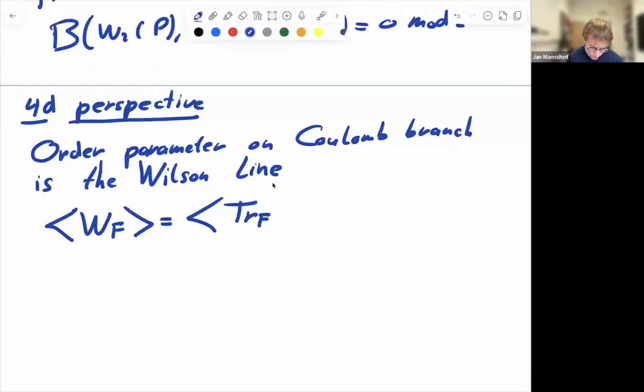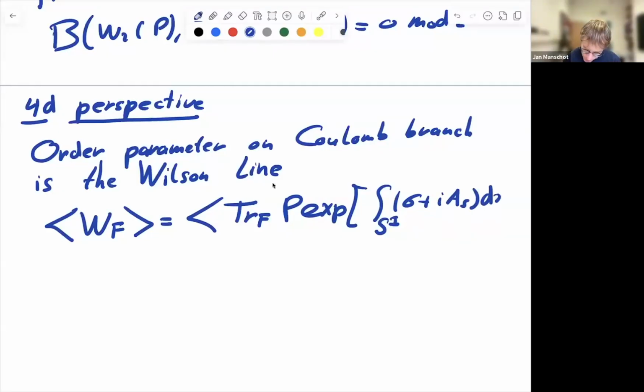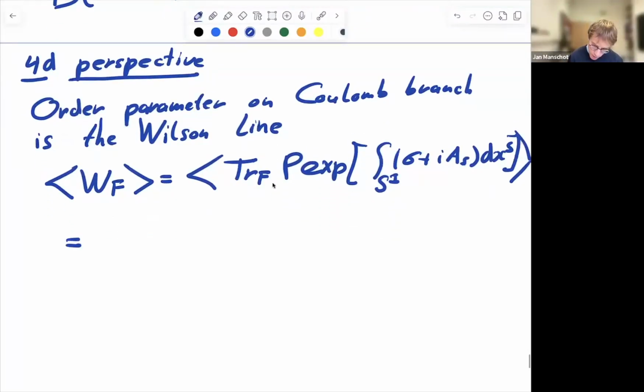It is the trace in the fundamental representation of the path-ordered product of the integral over S1 of sigma plus iA5 dx5. This expectation value we denote by capital U, to distinguish it from the little u of the U-plane in 4 dimensions.